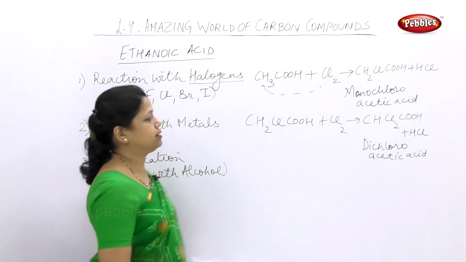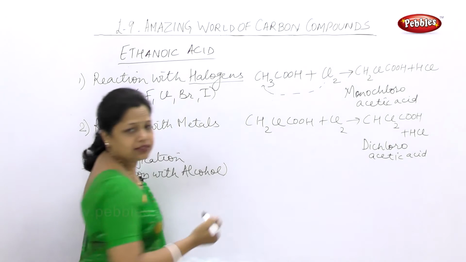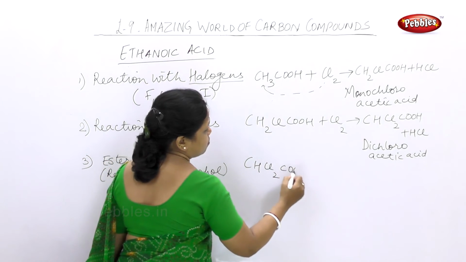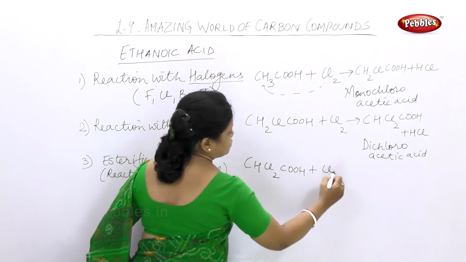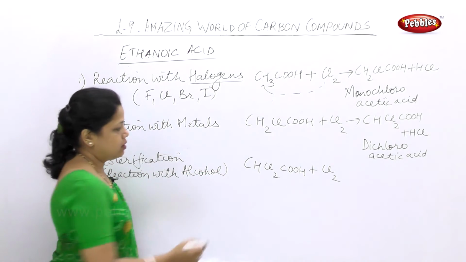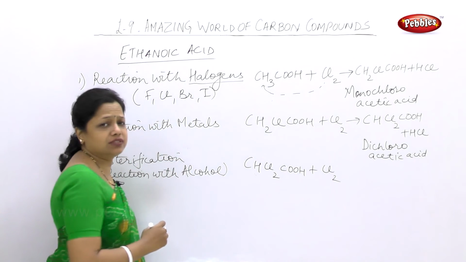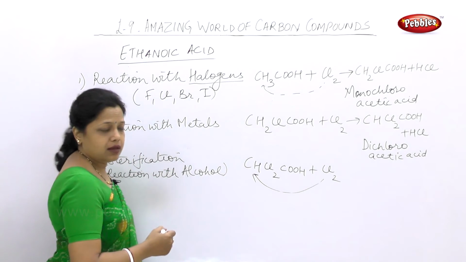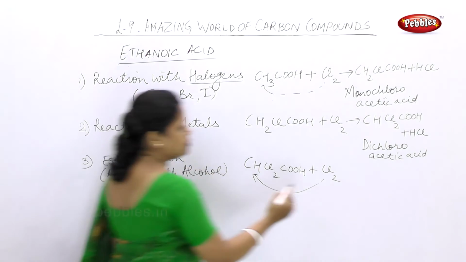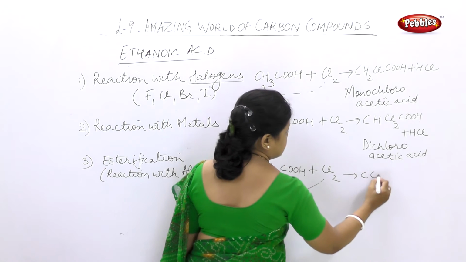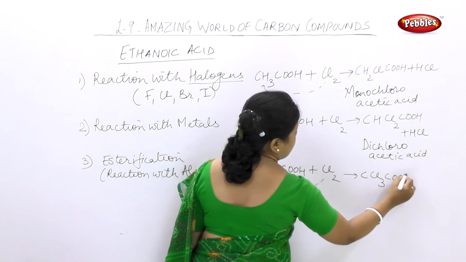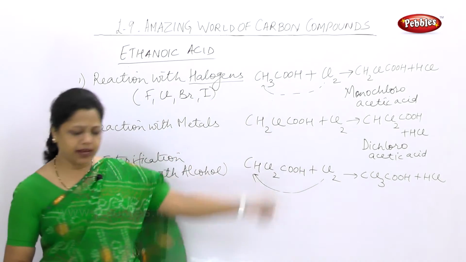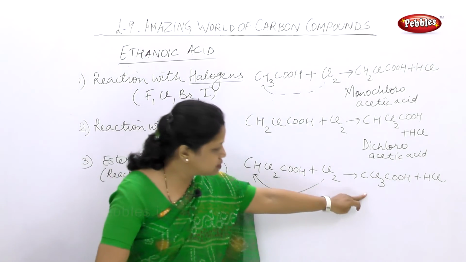If I continue reacting, let's take this dichloroacetic acid, CHCl2 COOH, again reacts with chlorine. This one H which is remaining, this will also be replaced by chlorine and H will be removed. Now what will be formed? CCl3COOH plus HCl. Now we have named these two. How we will name this here?